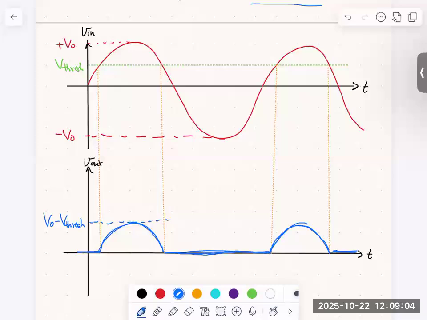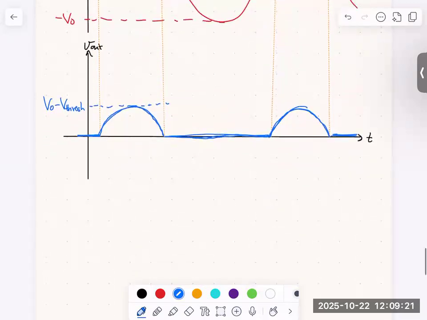So over many cycles of that period of oscillations, that's going to average to 0. Whereas my output is either 0 or positive. And so if I average that over a long time, it's going to be some non-zero positive average. So while we haven't made an AC to DC converter yet, we have made something that starts from an average of 0 and then ends up with a non-zero average.